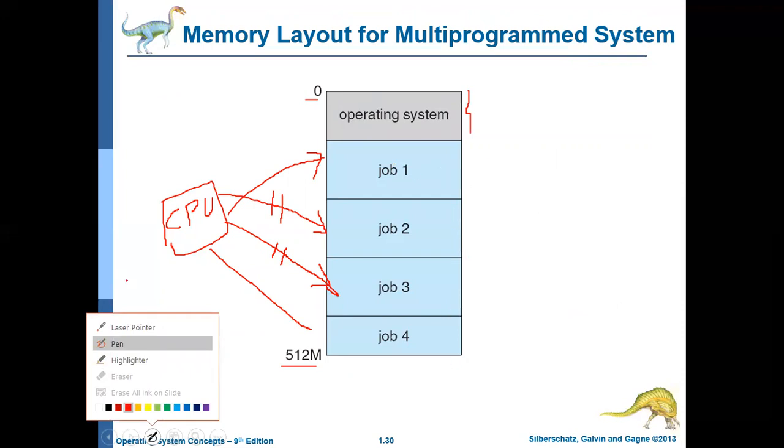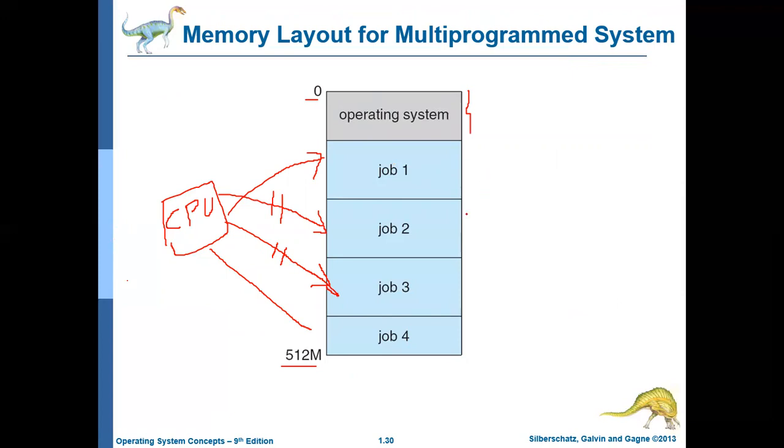The operating system will execute job 1 for some time, say 5 milliseconds, then job 2 for 7 milliseconds, and job 3 for 8 milliseconds. Like that it will context switch.